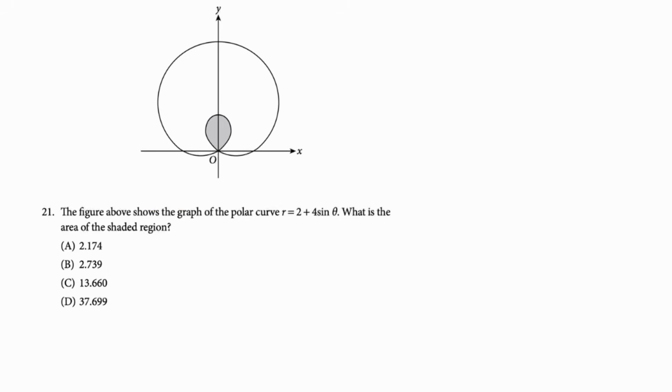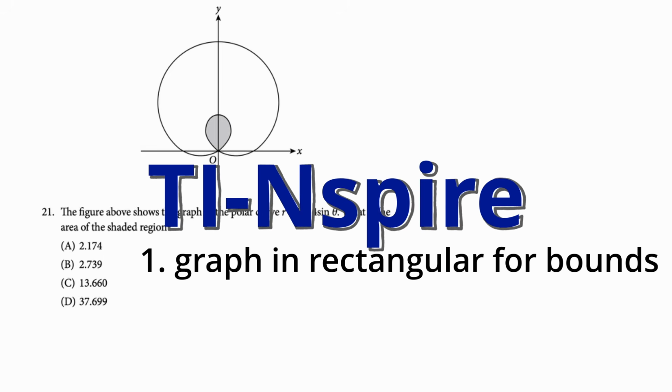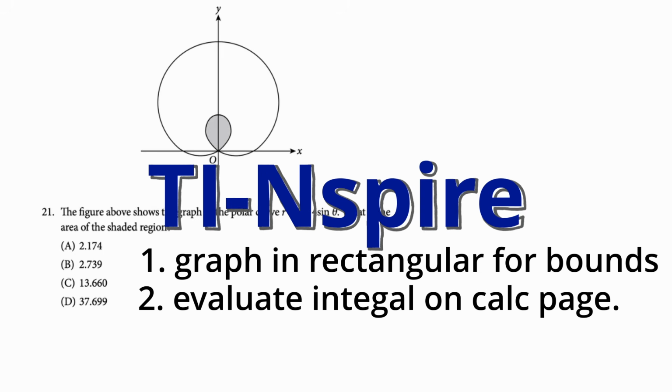Number 21. The figure above shows the graph of the polar curve r equals 2 plus 4 sine of theta. What is the area of the shaded region? Okay, so this is obviously going to be a calculator problem. What I'm going to do is graph that curve in rectangular and find the zeros of that curve. Those are going to be the bounds of the integral. Then I'm going to switch over to the calculator screen and just evaluate it.